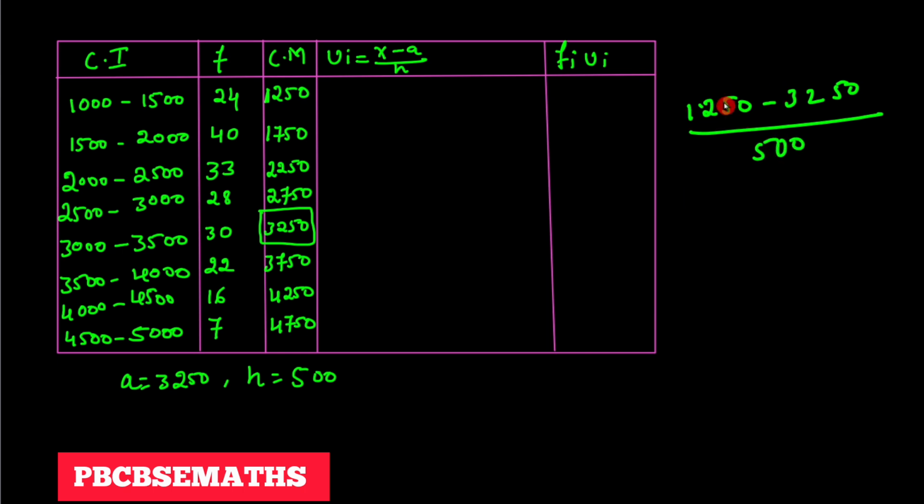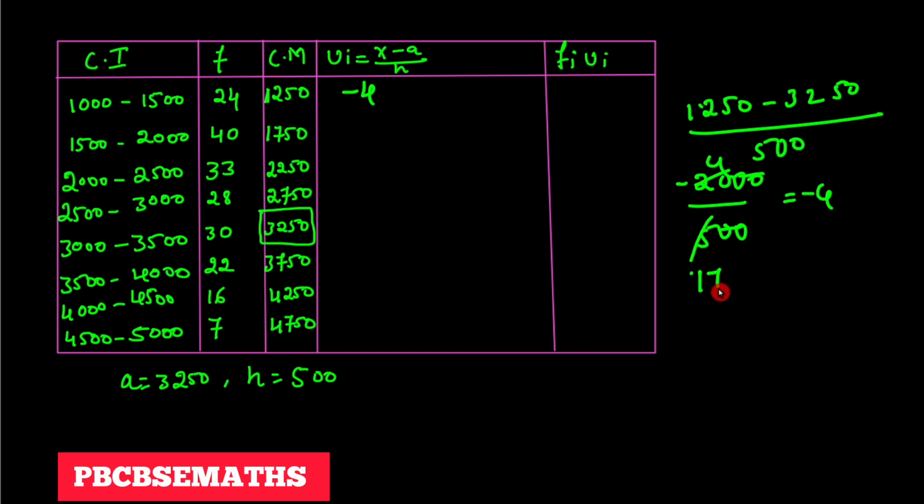So here 1250 minus 3250 gives us minus 2000, divided by this 500 gives us, 5 ones are 5, 5 fours are 20, which is minus 4. In the same way, let's find out here.